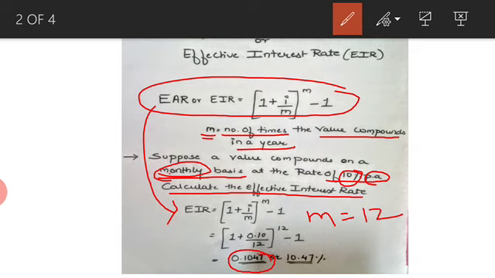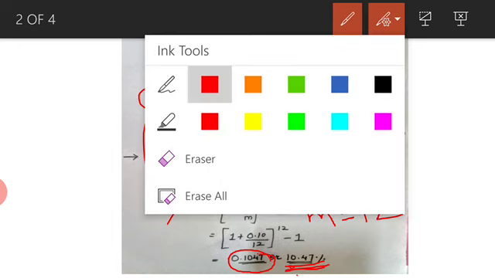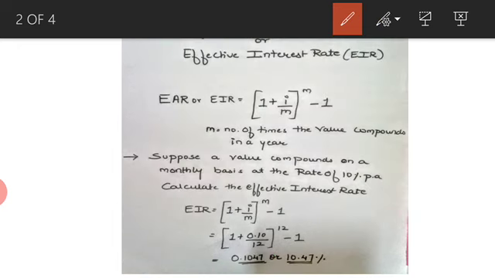The answer comes as 0.1047. If you want to convert it into percentage, you multiply it by 100, and the percentage comes as 10.47. Now what does that mean? Though the nominal rate that you used was 10%, the effective interest rate was 10.47%, because this 10% was on a yearly basis, and then you compounded it on a monthly basis.